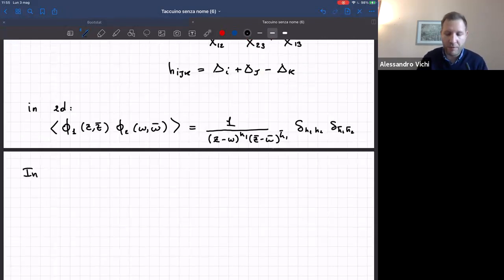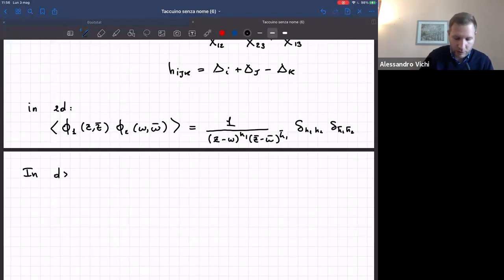So we have seen the form of the two-point function and three-point function of scalars. When you go to objects with indices, things get technically more involved, but at the end of the day, the logic is the same.